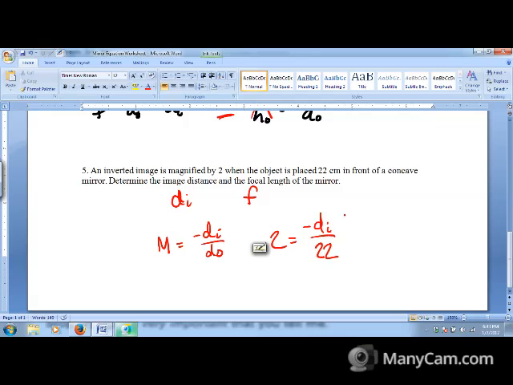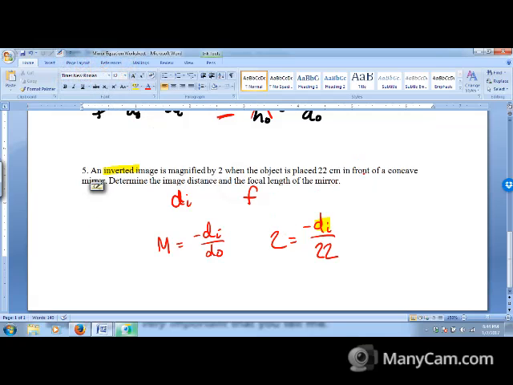Now, I would solve for the image distance, but I want to make one more thing clear. Technically, in the problem, it says that the image is inverted, which means it is the other way. So if I have a concave mirror right here, my principal axis, it is going in the other direction, which means technically, whatever we get for di, it is technically a negative di. It's technically a negative di, which is something that's very unusual.